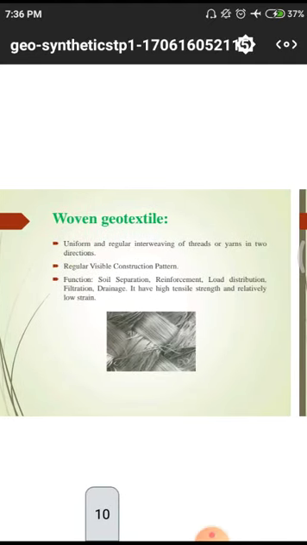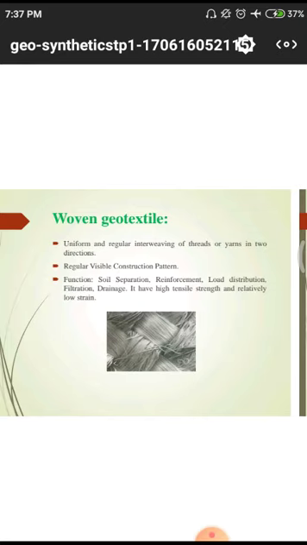Here we have one example; the figure will show the arrangement of textiles, especially the woven geotextile. Those have a uniform and regular interweaving of threads or ends in two directions.